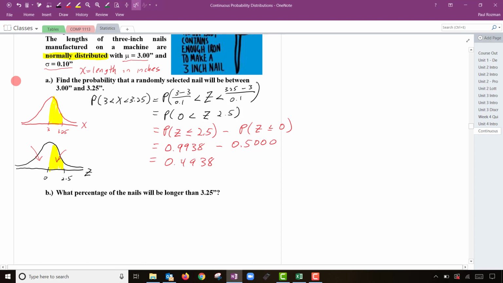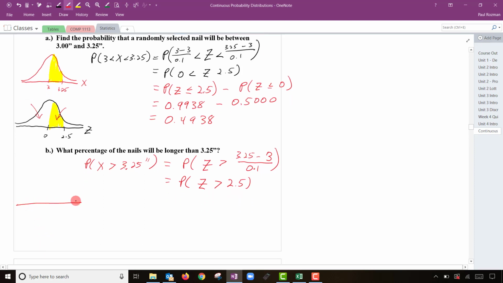We can go on and do other examples. What's the probability of getting a long nail longer than 3 1/4 inches? Do the transformation. 3.25 minus the mean of 3, over the standard deviation 0.1. We've already done this. Z is greater than 2.5.